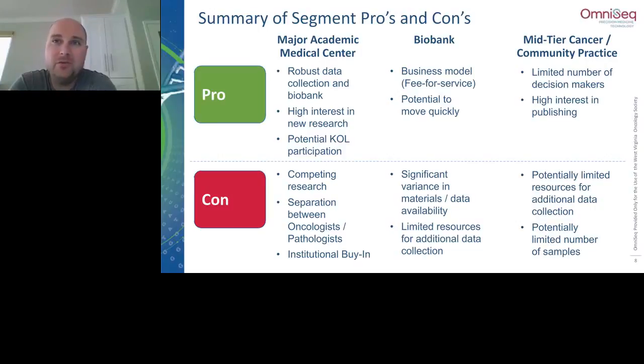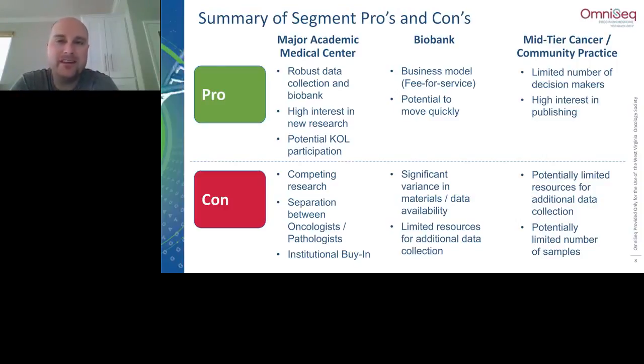And the challenge with both of these is that with biobanks you tend to get what you see. There's not a lot of opportunity with most biobanks to go back and, for example, obtain more tissue, which is very rare in any case.